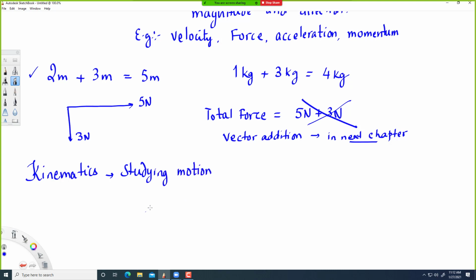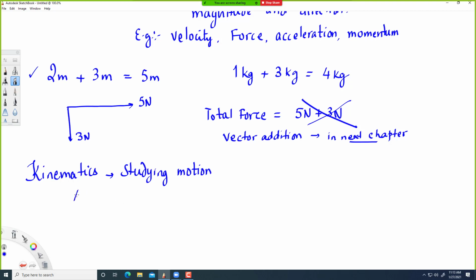When we study motion, we usually deal with 5 physical quantities to define motion, meaning how fast we are moving, how much displacement is there, whether we are accelerating or not. So we have 5 quantities.